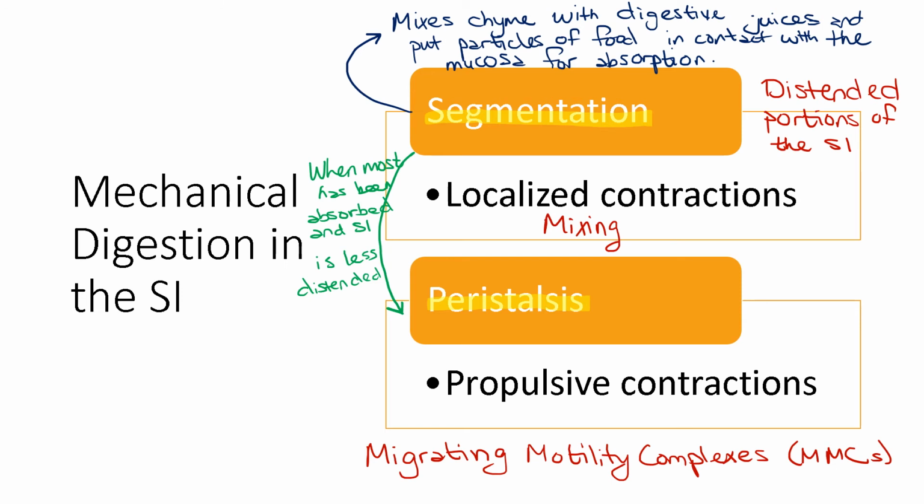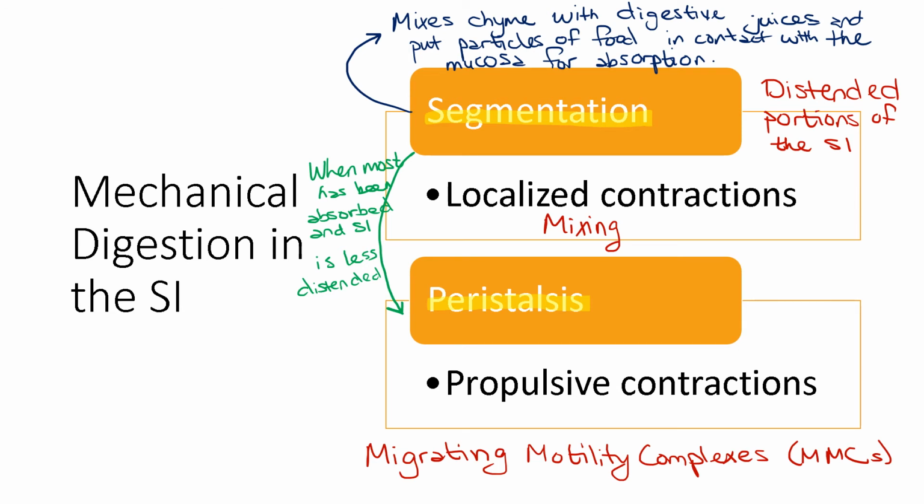So again, that type of peristalsis that occurs in the small intestine is called the migrating motility complex, the MMC. This is going to begin in the lower portion of the stomach, and it pushes chyme forward along a short stretch of the small intestine before these contractions die out.